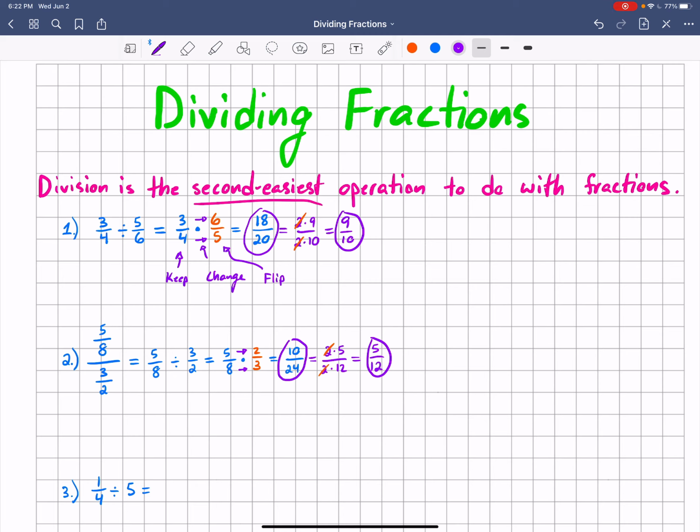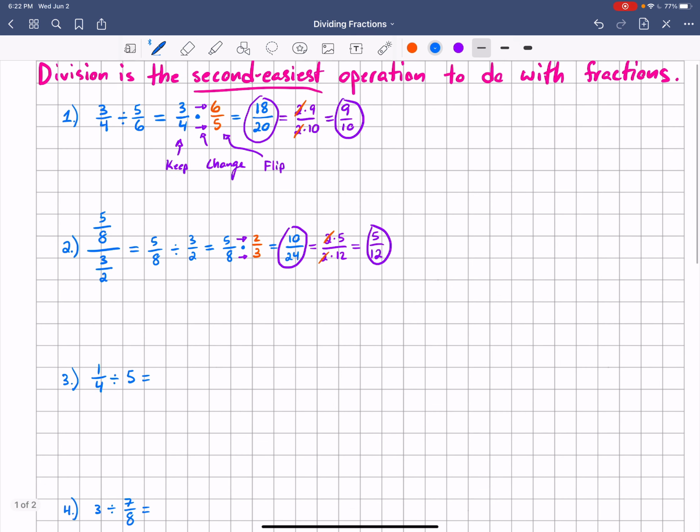All right, so 2 more quick situations to look at when we're dividing fractions. So sometimes you come across fractions and you're dividing fractions by a whole number. This could come up if, say, you have 1/4 of a pizza and you have to divide it and give 5 different people a slice.